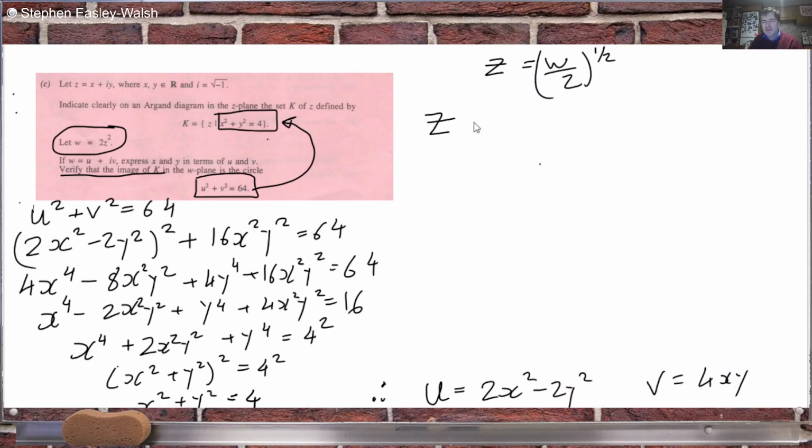No, oh dear, I don't think this is going to work. (u plus iv) to the power half. I'd have to change them into polar form and go backwards. Oh, okay. It's looking like I have to solve this pair of equations and then I'm finished this question.